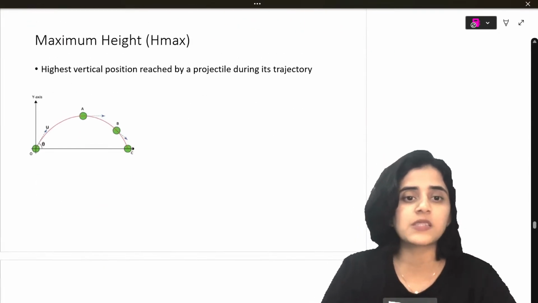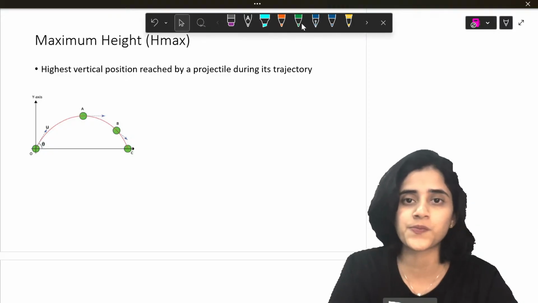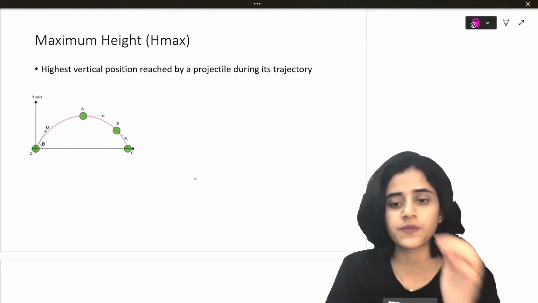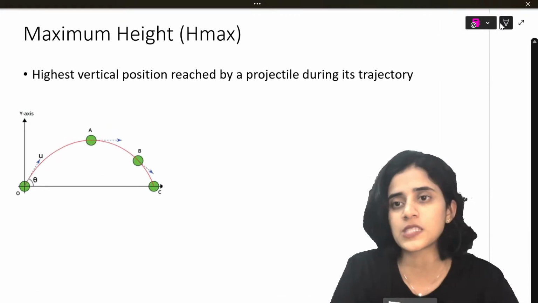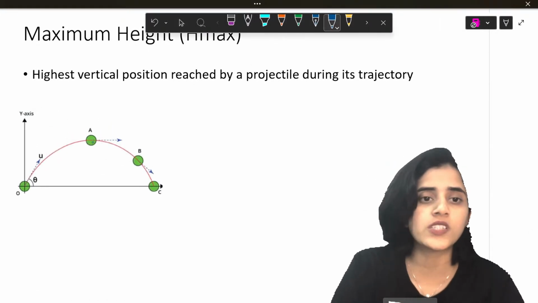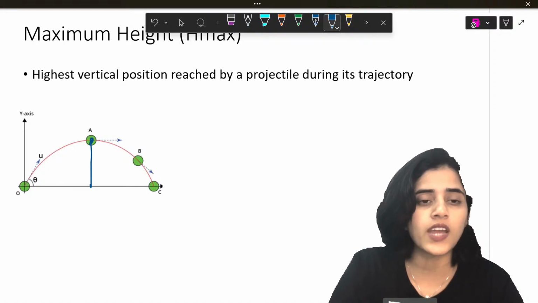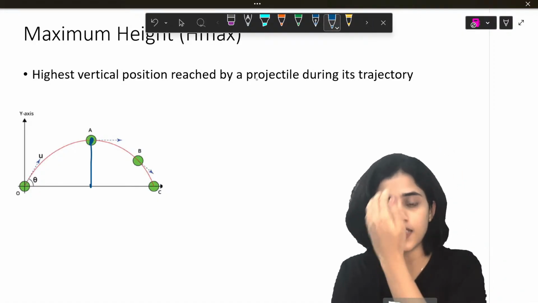Next is maximum height, h max. So let's do maximum height. So what is the maximum height? Maximum height is the maximum height the projectile can reach, which is this. So I have to find out what is the maximum height.